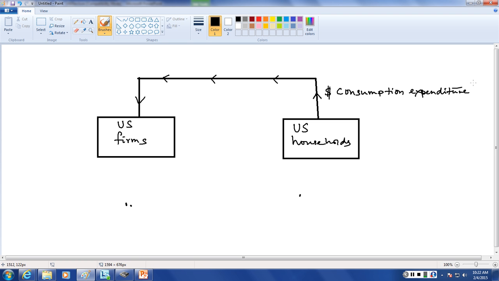Now the money then enters the cash registers of firms. Now the question is, where does the money go from there? Once it enters the cash registers of firms, what happens to this money? And let's think about this carefully. You know, this division of the economy into households and firms is a bit of an artificial division. Why is it an artificial division?